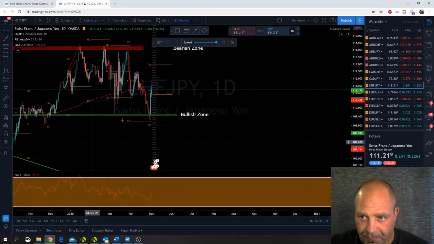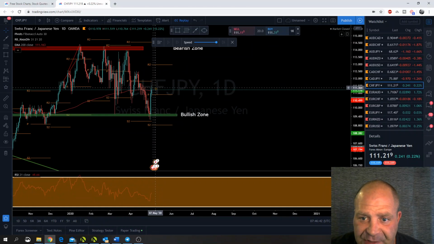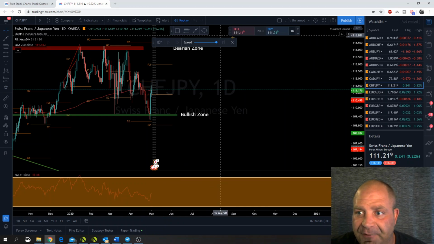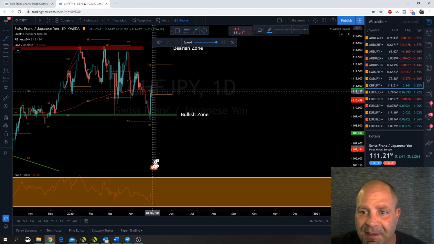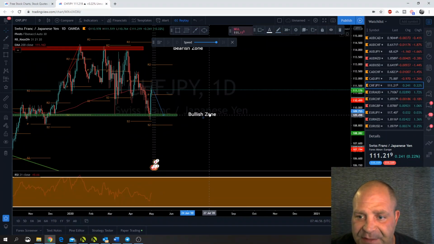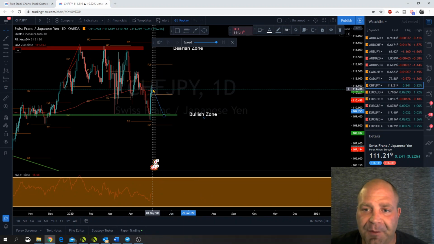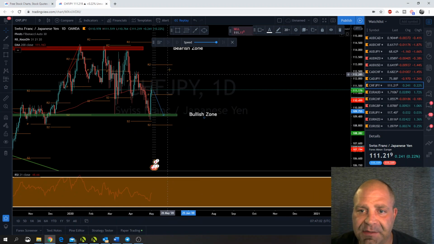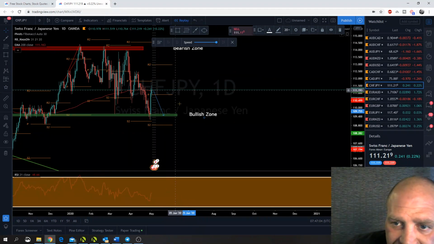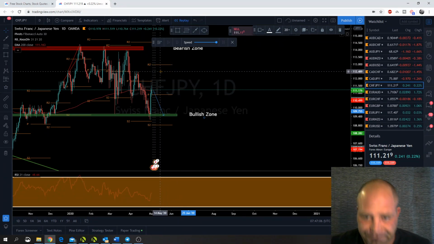So I think we're right in that indecision zone, where we're just going to have to look at a smaller time frame. But personally, I think now that price has come up here, it has permission to at least come back down to this area. If we break up, these are obvious levels for TPs or waiting for that reversal to happen.